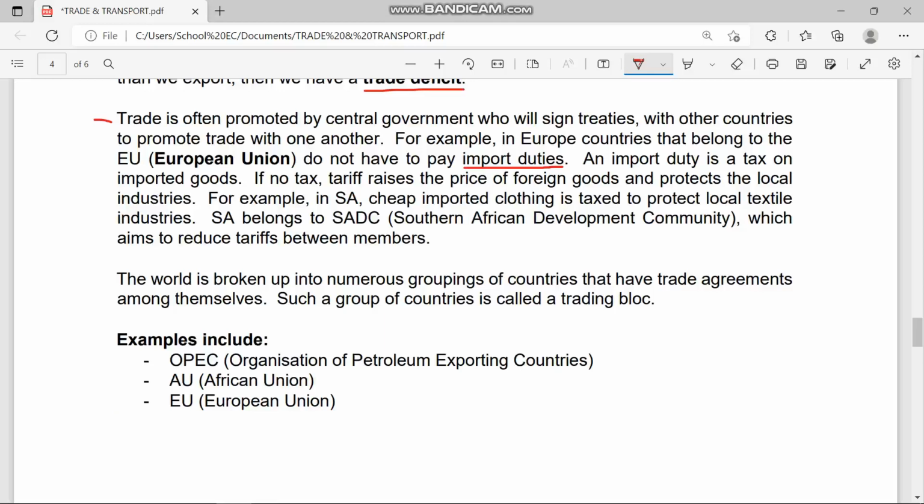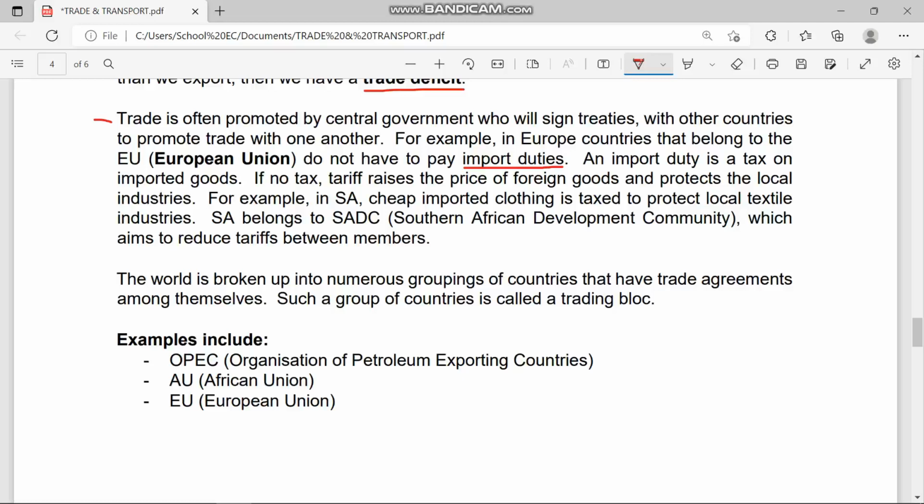Import duty is a tax on imported goods. So what is an import duty? It is a tax on imported goods. Let me use an example of Shein, because everyone knows Shein. Shein is a clothing company found in China, founded by a Chinese guy.